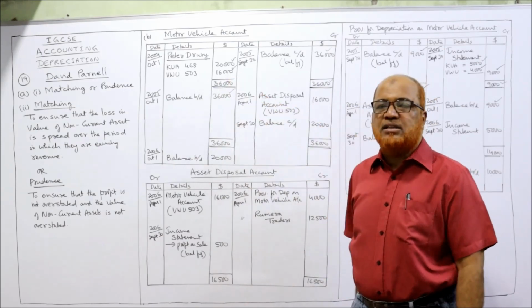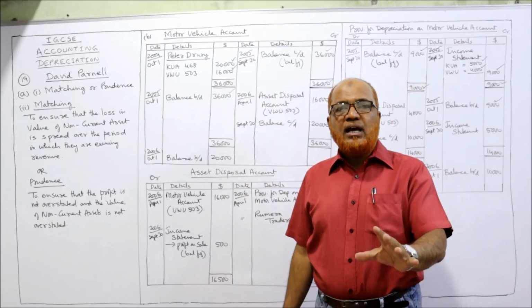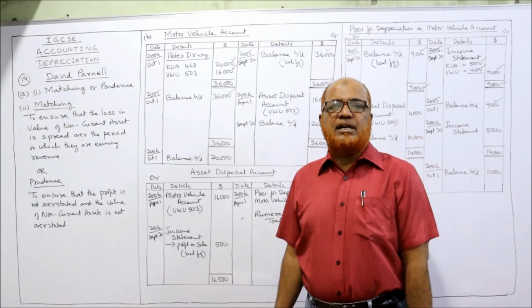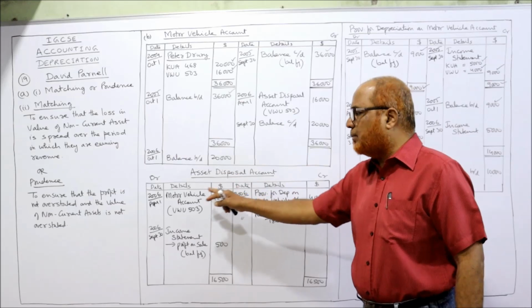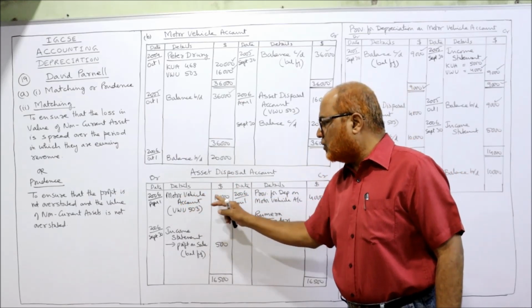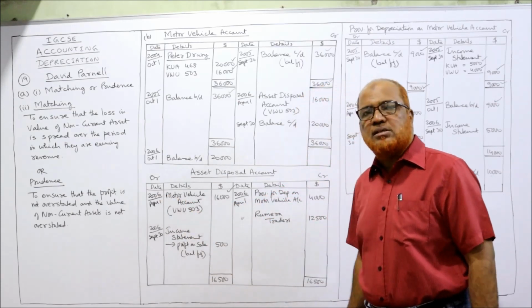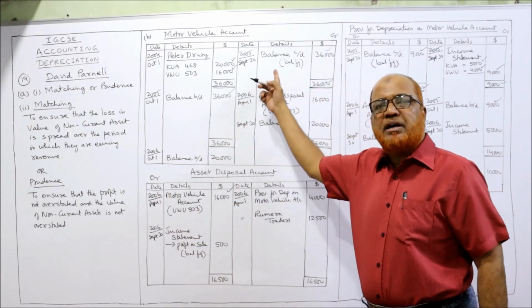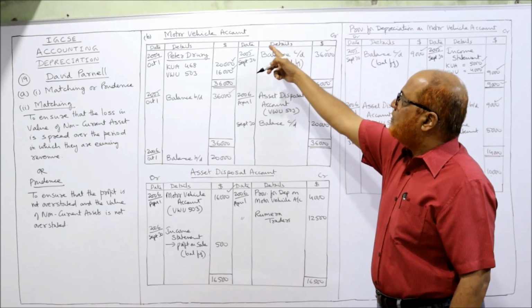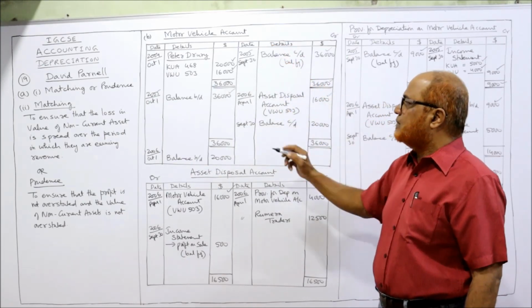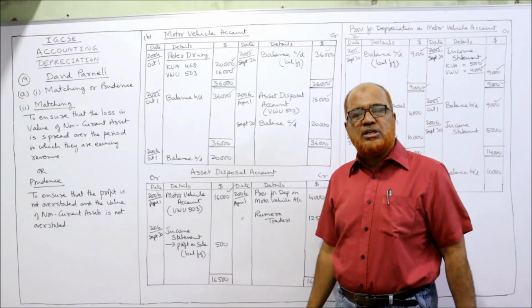The second motor vehicle, 16,000. So on the asset disposal debit side, motor vehicle account 16,000 on 1st April 2006. And motor vehicle account should be credited. So on the motor vehicle account credit side, asset disposal account 16,000. First entry we have posted.